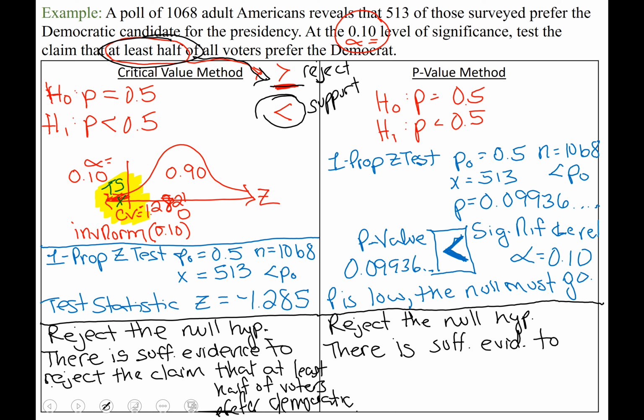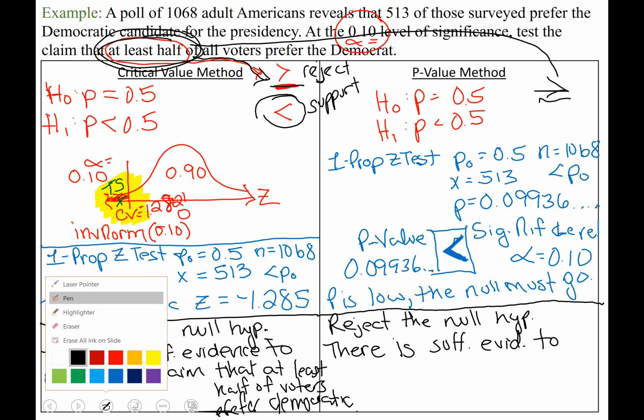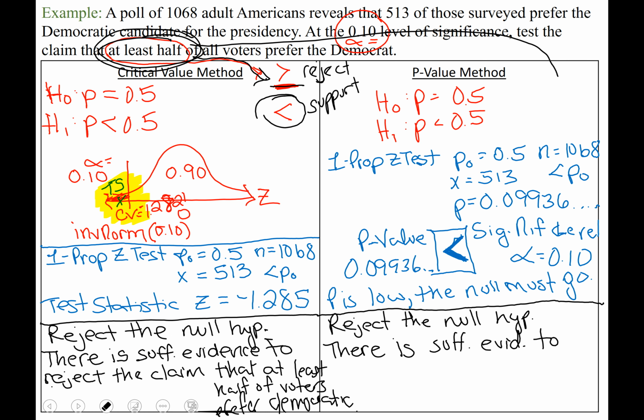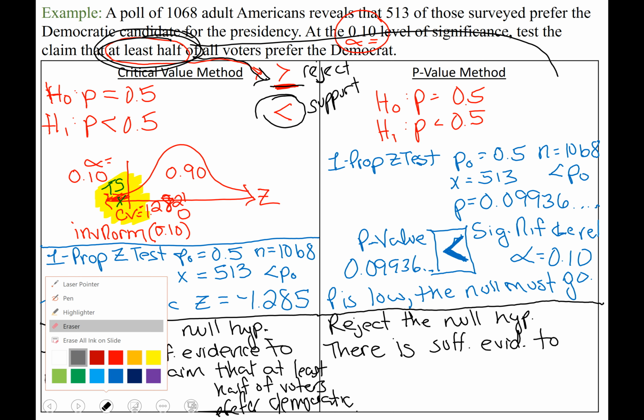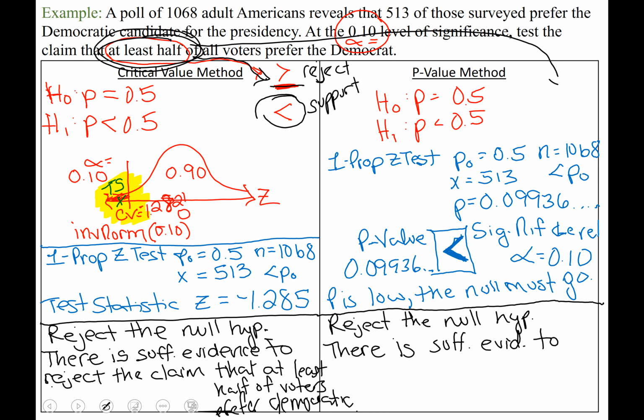Now we decide between support and reject. The decision to support or reject goes way back to the beginning. The "at least half" means greater than or equal to, which contains equality. So whenever our claim contains equality, we use the word reject.